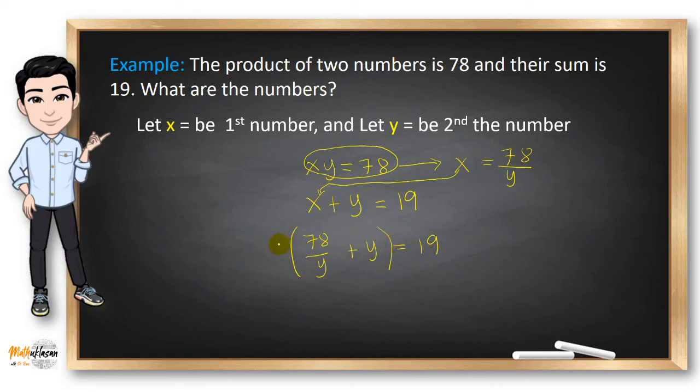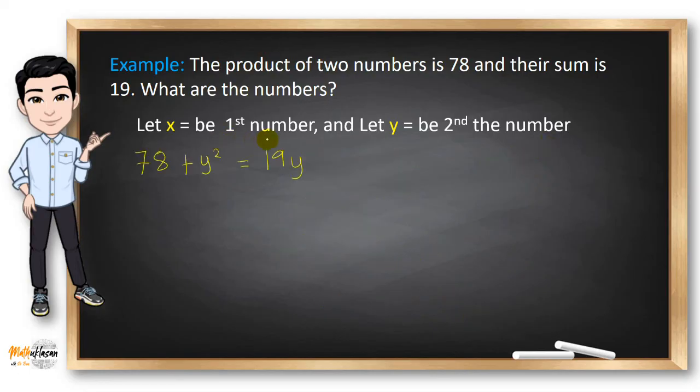Multiplying both sides by y will give us 78 plus y squared, because y will be cancelled here, and y times y is y squared. So this is 19y. By transposing the term 19y to the left side of the equation, we get y squared minus 19y plus 78 equals 0.